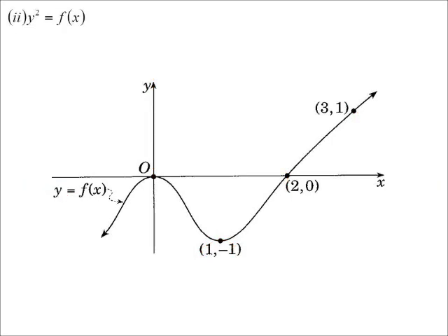Y squared equals function x. This is the one I was talking about. It had the potential to be a fantastic question, except for when you find y squared equals function x, what do we draw first? Y equals the square root. Now, when we do the square root graph, what's the first thing we do? Anything that's below disappears. So we're just drawing the square root of that.